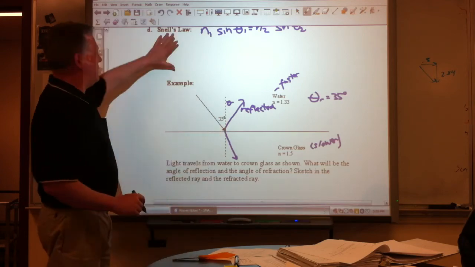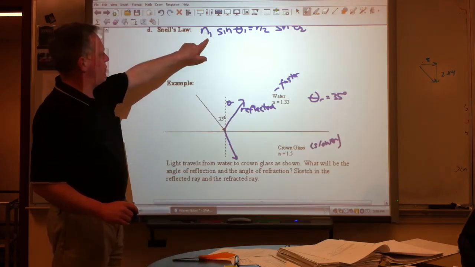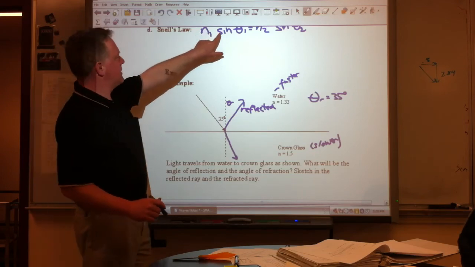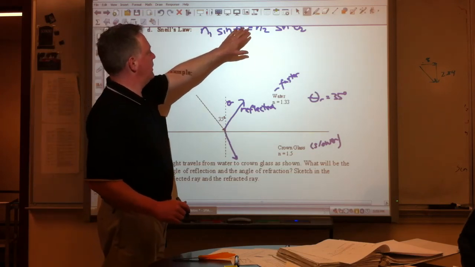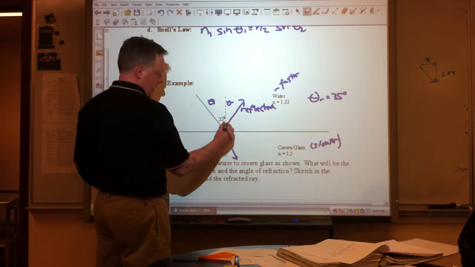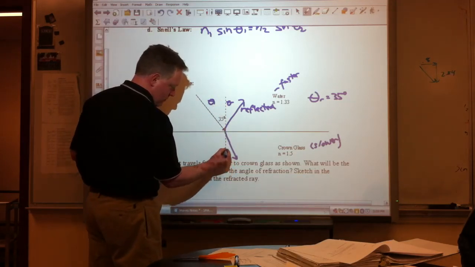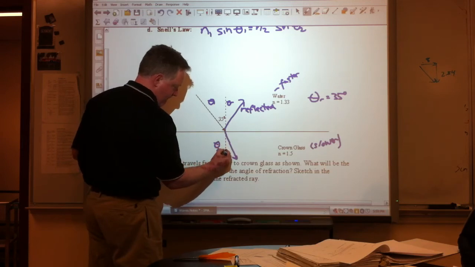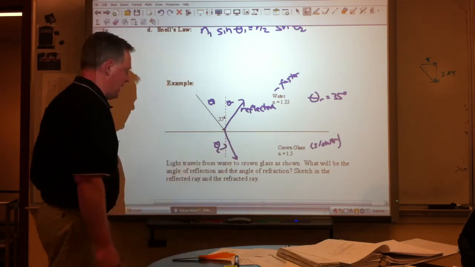Now, in this equation, n1 would be the first material. So n for the first material times the sine of the angle in that material equals n2 sine theta 2. So I'm going to label this one theta 1, and this one down here theta 2. And we have to find that angle.